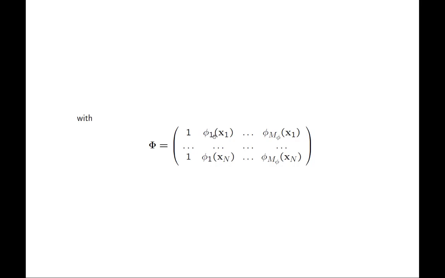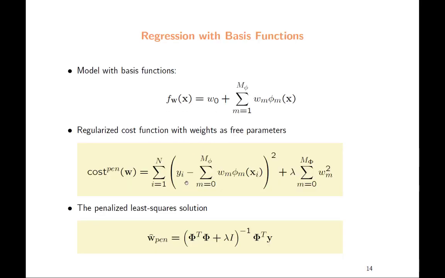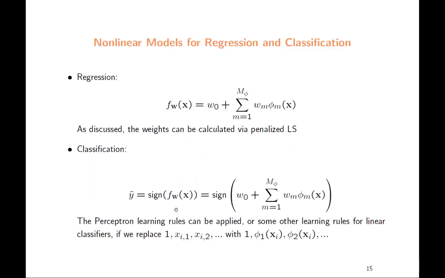So phi 1 applied to x1 to phi m applied to x1, and the last row is phi 1 applied to xn to phi m applied to xn. So this design matrix changes, but the equations for finding the best parameters are exactly the same as before.